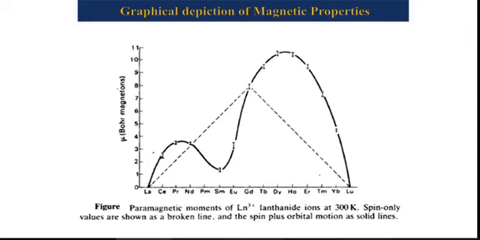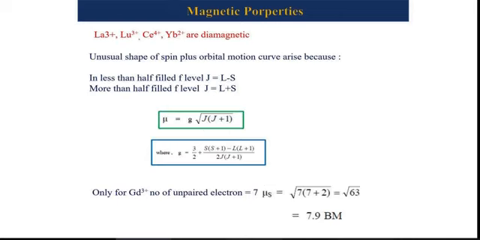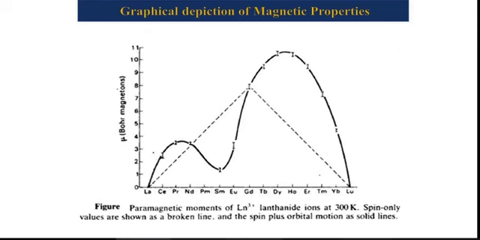Actually, there are two ways to explain this graph. One is gadolinium. If you see this element, the dotted as well as the solid line collide at the same point, and it belongs to gadolinium.